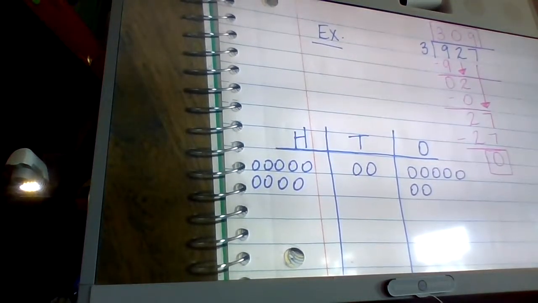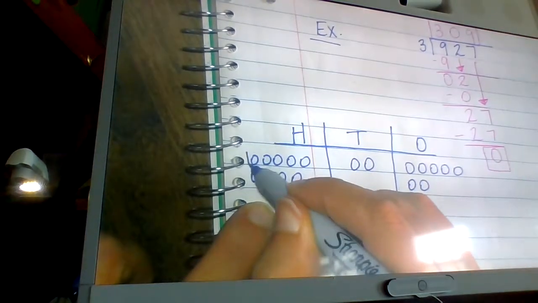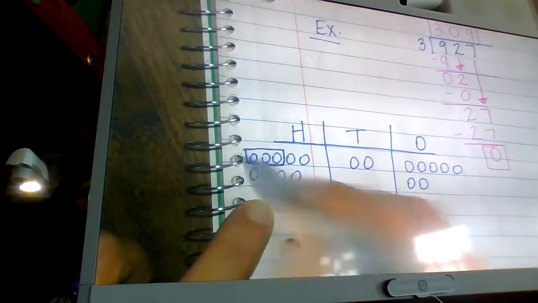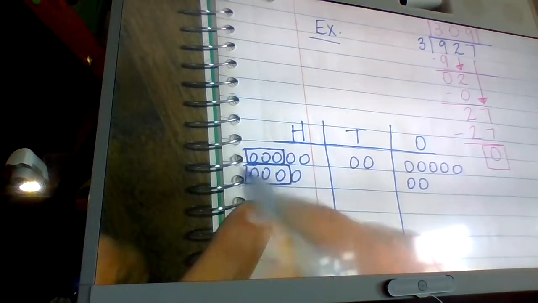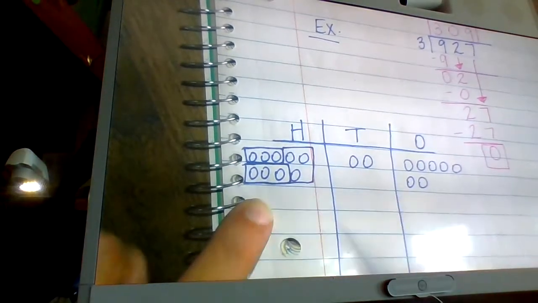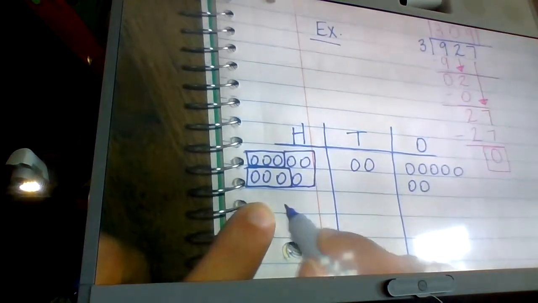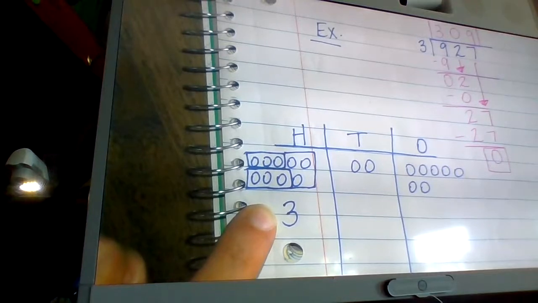Now, my divisor is 3, so I am going to make groups of 3 in each of my place value columns. So I'm going to count off 1, 2, 3. Here's a group of 3. 1, 2, 3. Here's a group of 3. And 1, 2, 3. Here's another group of 3. I made 3 groups of 3 in the hundreds place.